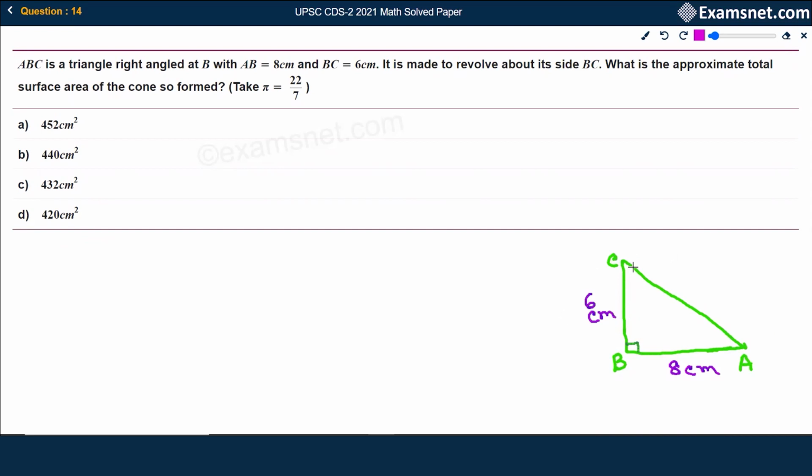Okay, so look, this is the right angle triangle, right angle at B, right? Now, when we revolve it about its side BC, how will it look?